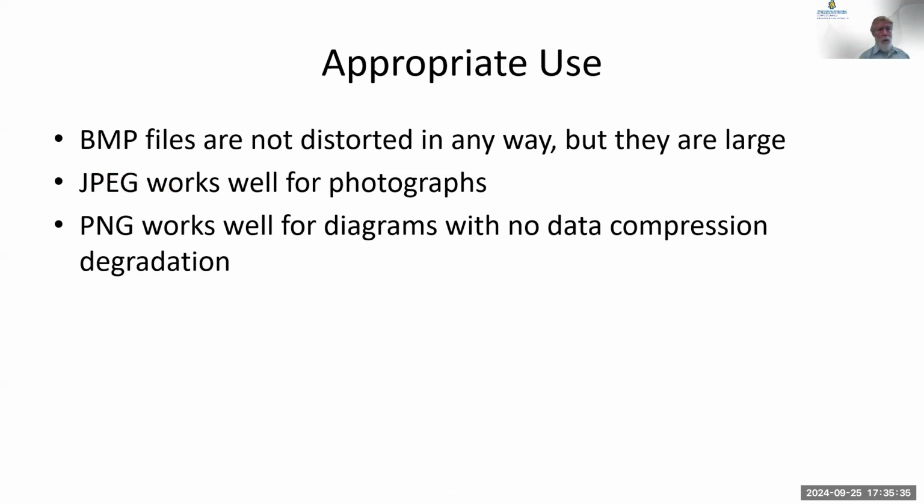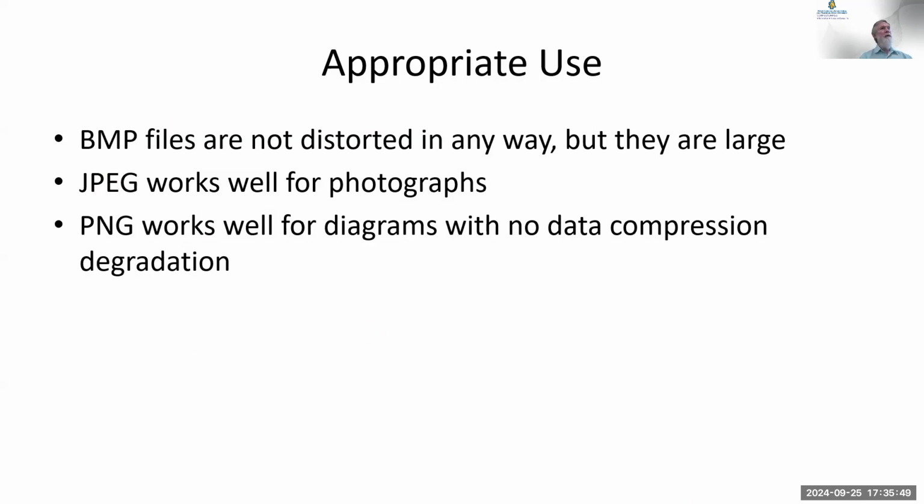It does not work well if you have generated images that have characters in them, because of the compression it does, the cosine transform, these dots. So if you're going to have something that was generated by a computer, use PNG. If it's a photograph or something that looks like a photograph, use JPEG. BMP, of course, doesn't distort anything in any way, but they are large.